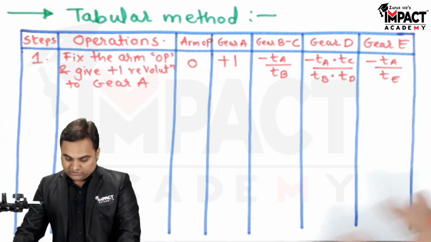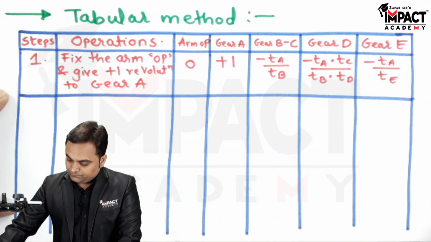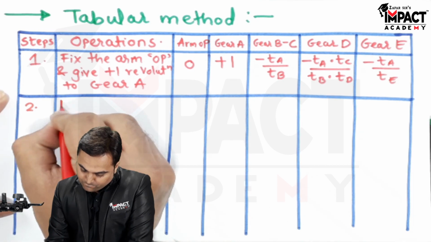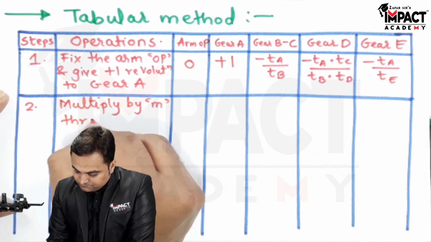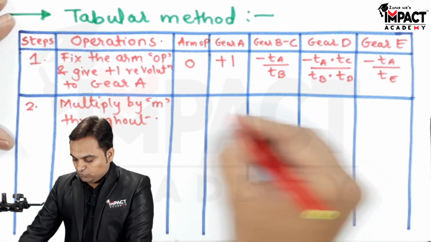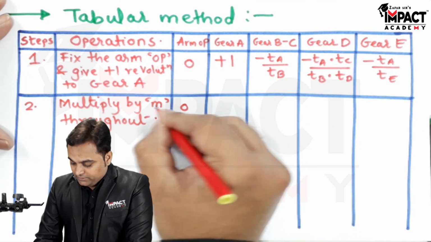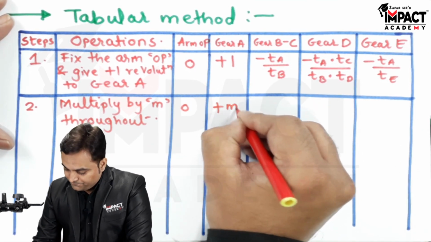After completing this first step, the next step is multiplying by small m, which is RPM throughout. So m into 0 is 0, so m into 1, that is plus m.